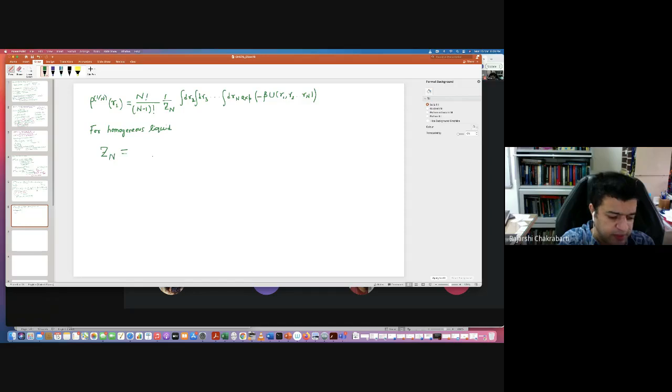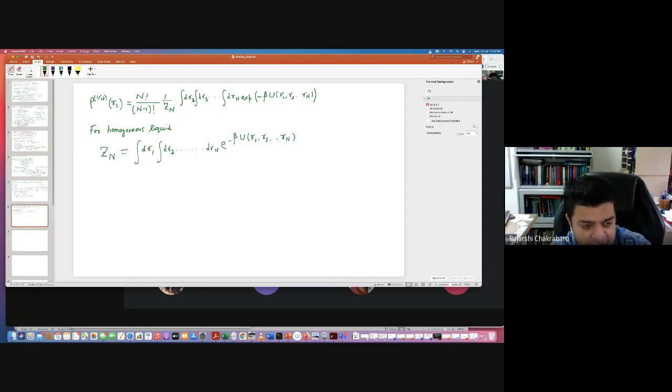What is this configurational integral? It is, in general, the integral over all the coordinates, isn't it?